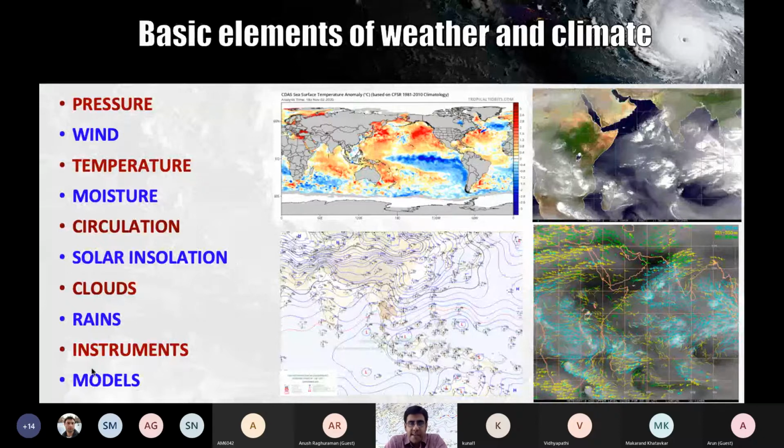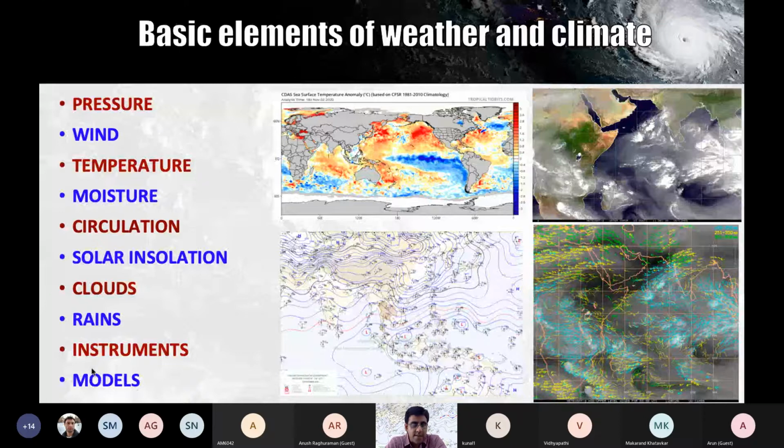So when I talk about the basic elements, these are the variables that I talk about mostly. There is pressure, wind, temperature, moisture. Circulation is basically how the circulation patterns develop over ocean or over the land. And then you have solar insolation, because without the sun's energy, there is absolutely no chance that we can get convection. So we'll touch upon that.